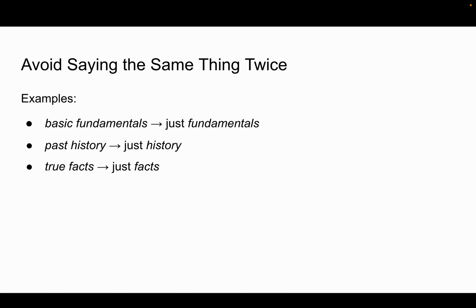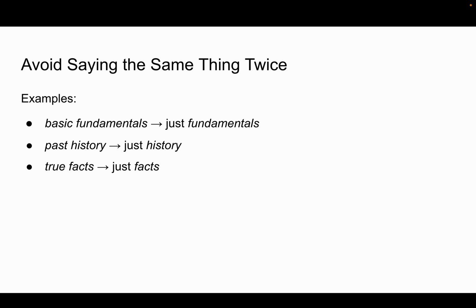The other point around wordiness is common redundancies. The idea here is to watch for pairs of words where one word makes the other needless. For example, a phrase like basic fundamentals: you can just say fundamentals, because fundamentals are already part of the basic foundation of something. Same thing with past history.